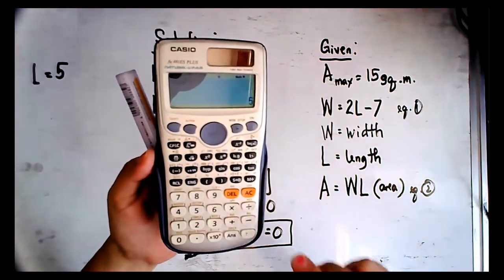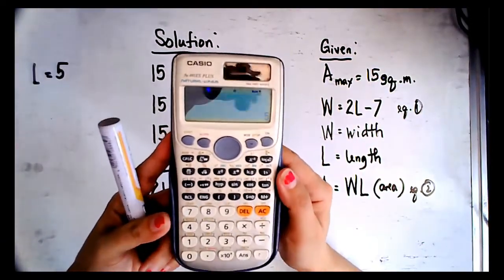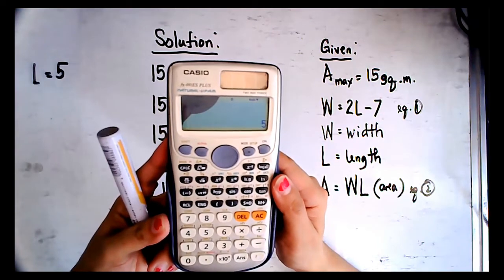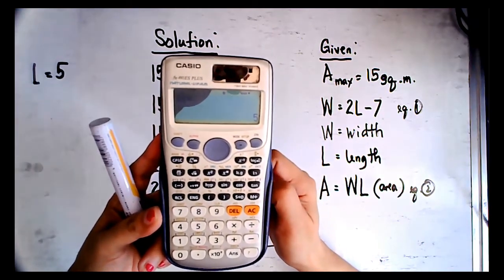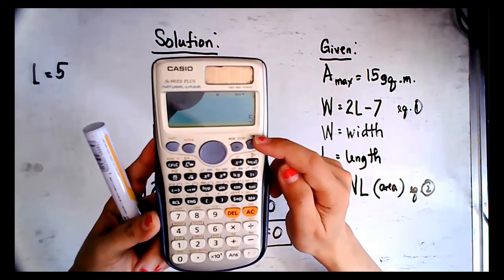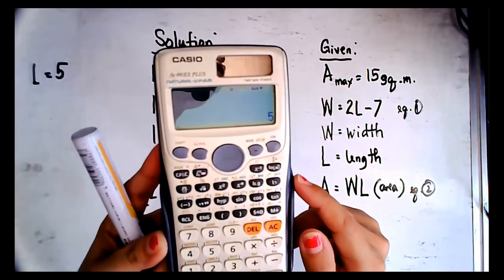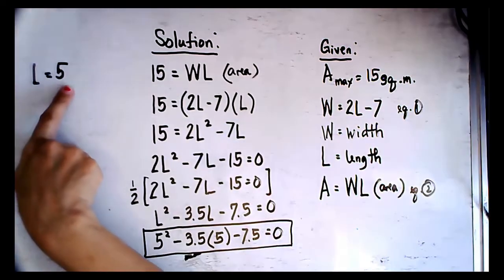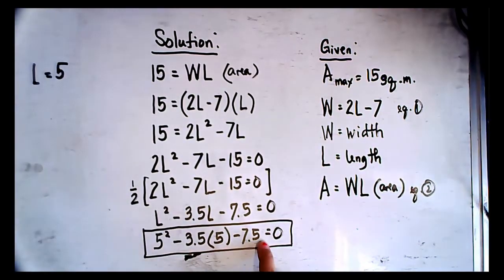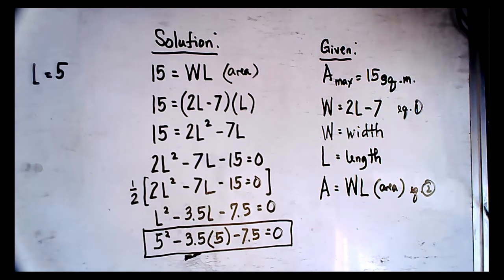Take note of my computation here using the calculator with the equation formula, the answer is equal to 5. And if you substitute the value of 5 into the equation, we can prove that this equation is equal to 0, and that means L is definitely equal to 5.